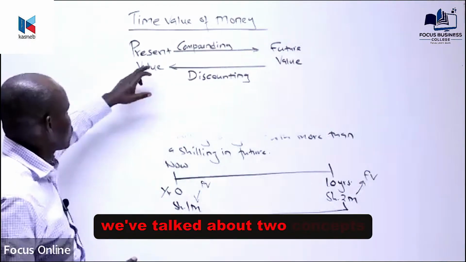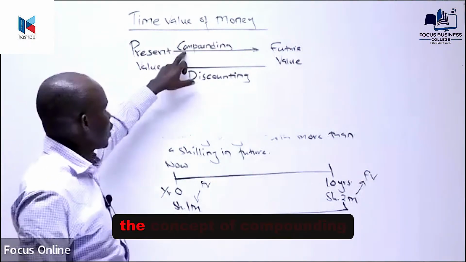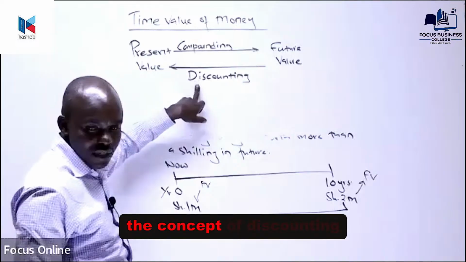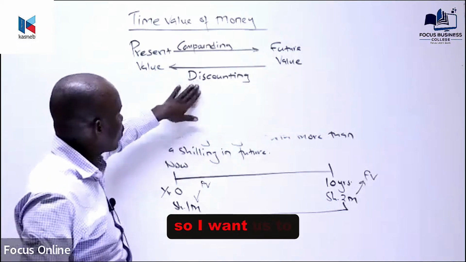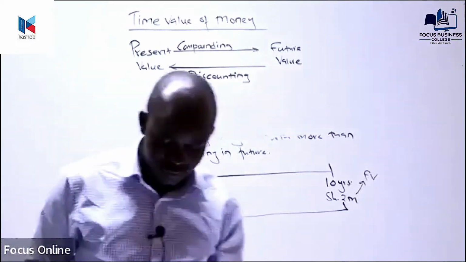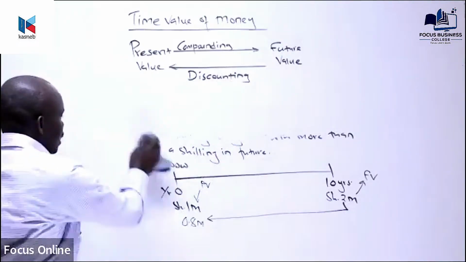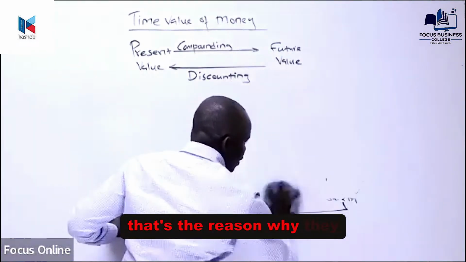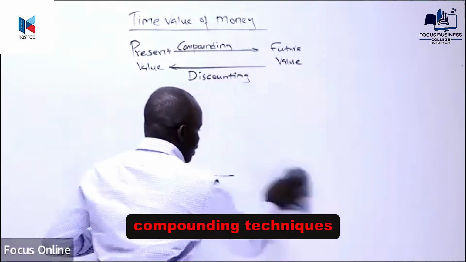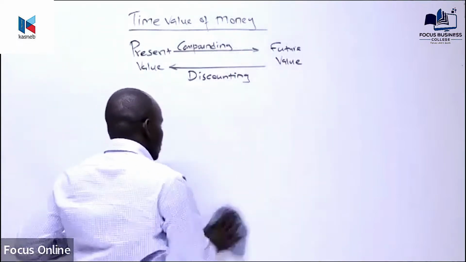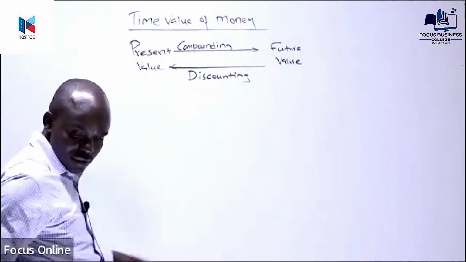Here we've talked about two concepts, the concept of compounding and the concept of discounting. I want us to start with compounding. That's the reason why they are saying compounding techniques.